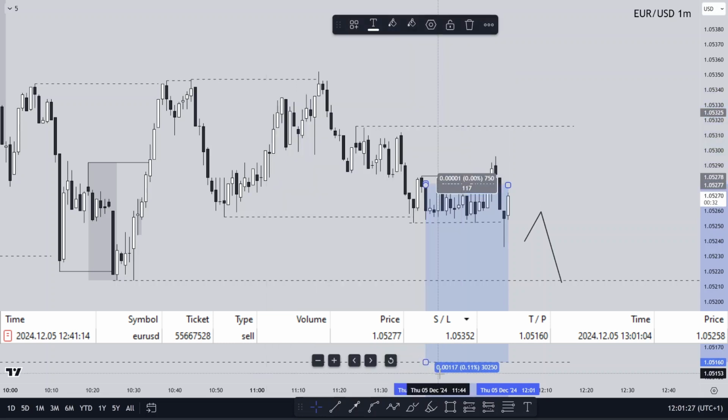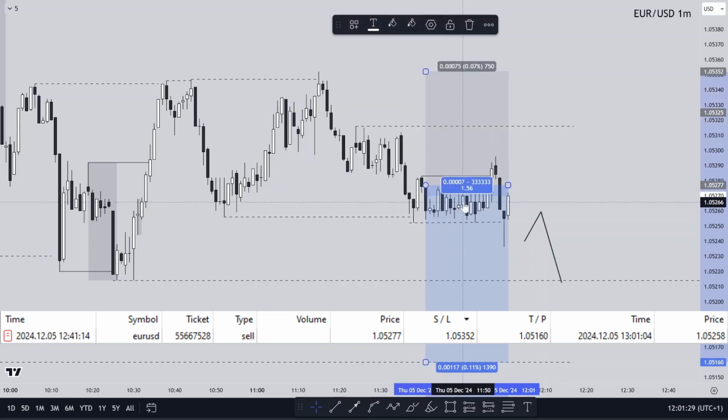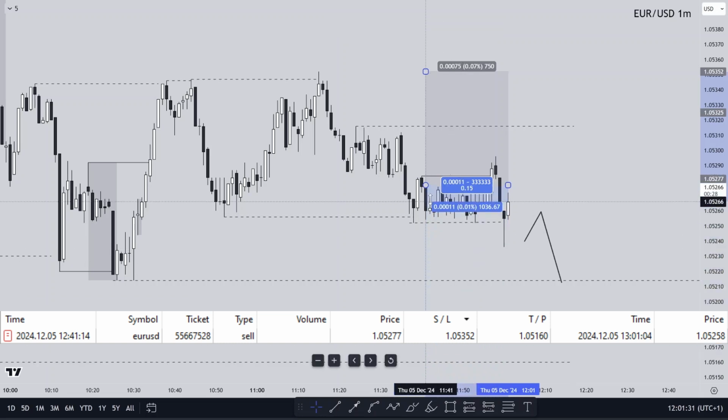Oh, sorry. Of course, I shifted my stop loss and not the TP. 258. Okay, here. Perfect.